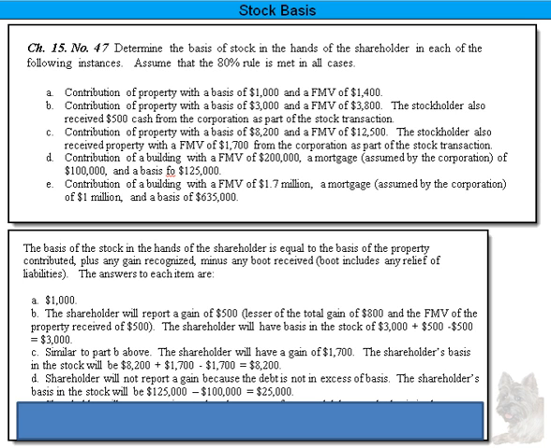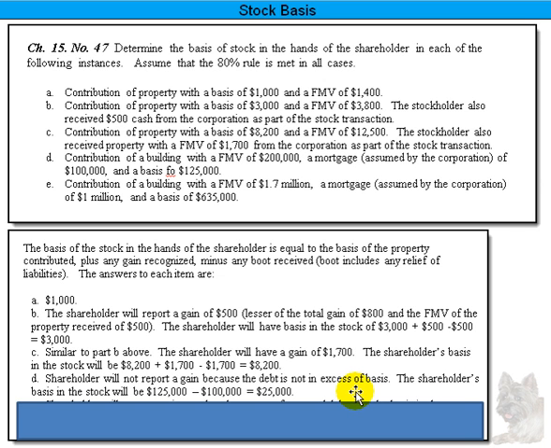The basis in the stock then would become the $125,000, which was the basis of the building, less the $100,000, which is the mortgage assumed. So that essentially becomes equivalent to receiving cash. So he's got a stock basis of $25,000.